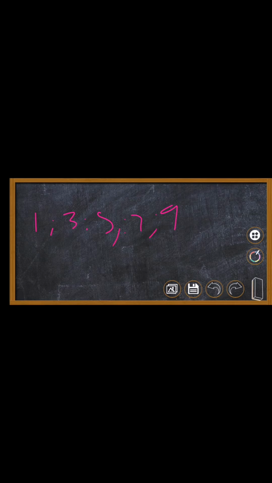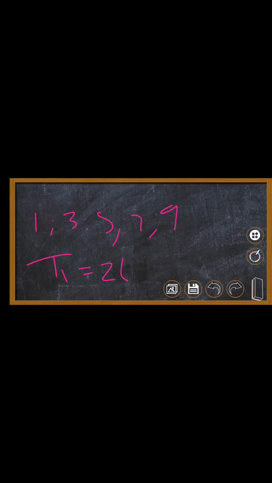So the nth term is given by the general formula Tn = 2n - 1. You can check this by substituting values into the formula. Let's check for T1, what do we get? 2 times 1 is 2, minus 1 is 1.